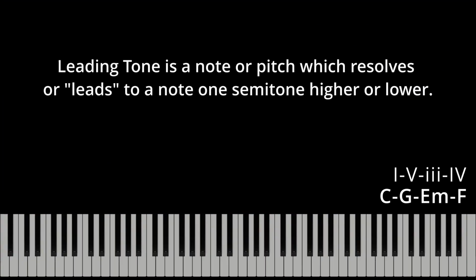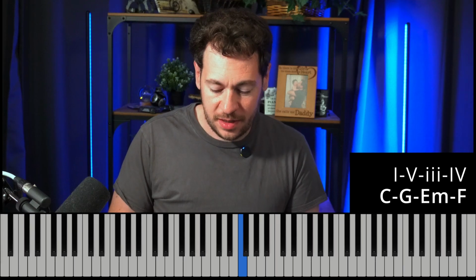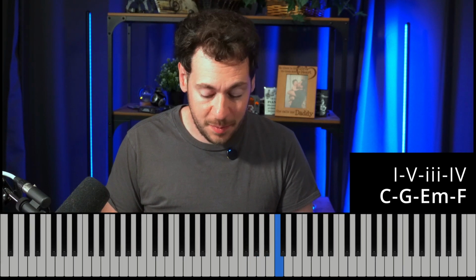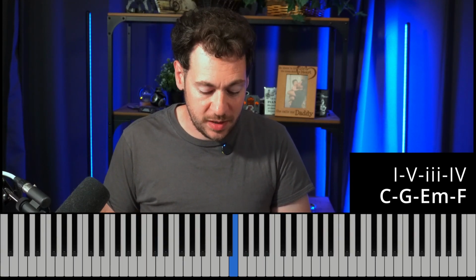A leading tone is simply a note that resolves by a half step. So if you take any major scale, let's take C major, we have C, D, E, F. There's a half step. And then G, A, B, and then a half step back to C. So the 2 half steps we have are between the 3 and the 4 and the 7 and back to the 1.